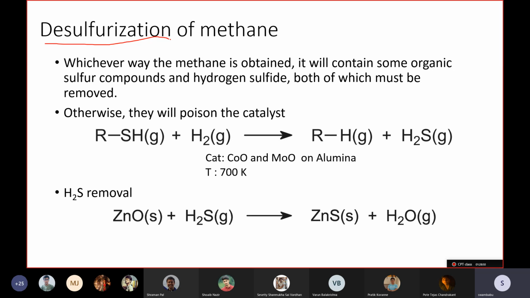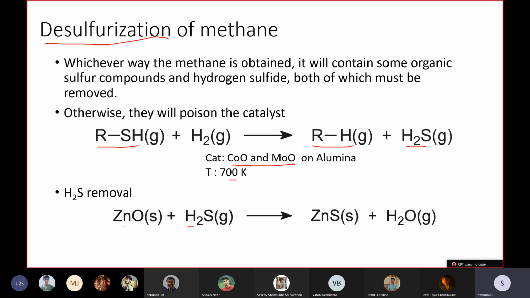There are two types of sulfur components. One is H2S, directly present. The other, mercaptans present in the hydrocarbons, is removed using this reactor. The sulfur components react with hydrogen in the presence of this catalyst at this temperature, and are converted to hydrocarbons and H2S.